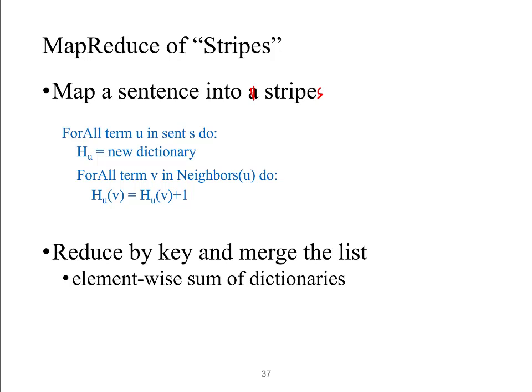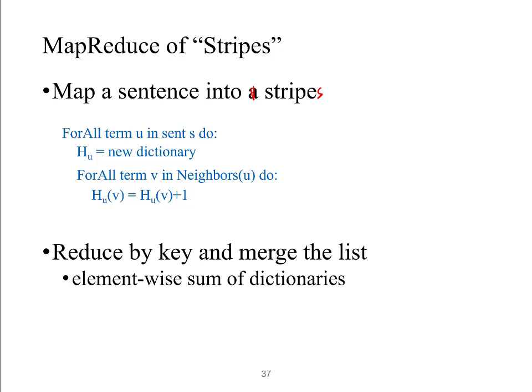In order to do that, for all terms U in sentence S, we build a new dictionary for U at first, and then for all terms V in the neighbors of U, we add 1 to the current value of H_U of V. Right. So it is easy to understand.